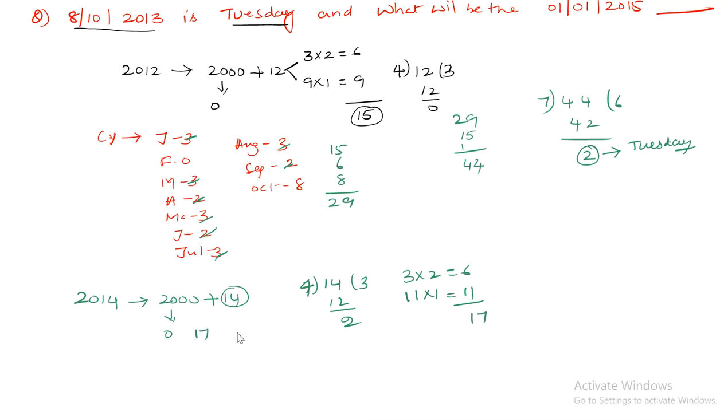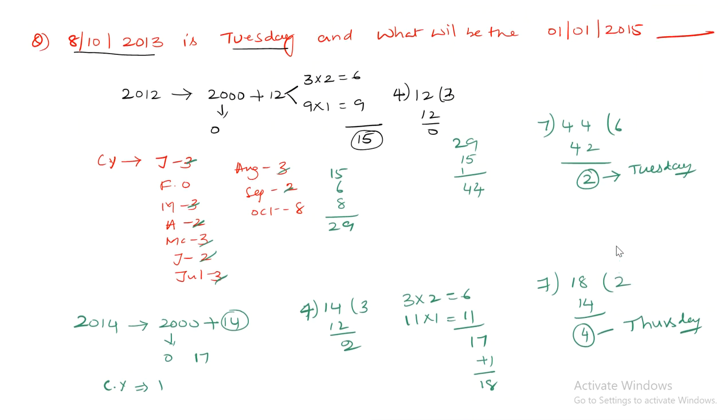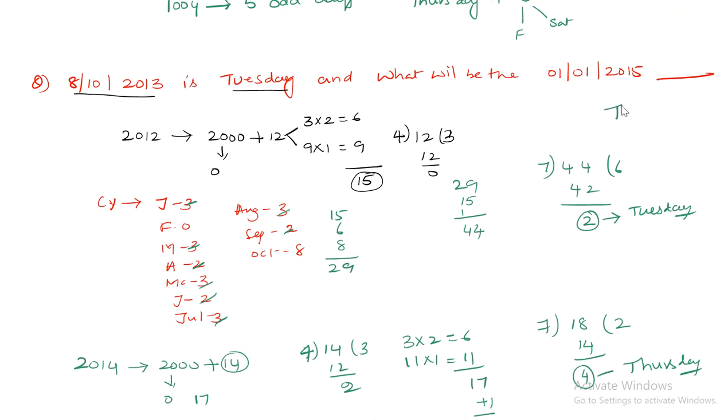Extra 1 day will be the first month, so the current year is going to have only 1 day. So total 17 plus 1 is 18. So 7 twos are 14, remainder 4. So 4 is nothing but what? 1 is Monday, 2 is Tuesday, 3 is Wednesday, 4 is Thursday. So the answer here is Thursday.